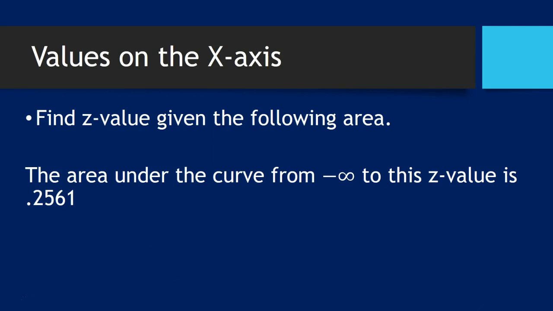And we're going to say, okay, let's try to find a certain z value. And here's what we know. We know the area under the normal curve, from negative infinity up to a certain z value is 0.2561. Can I find that z value?